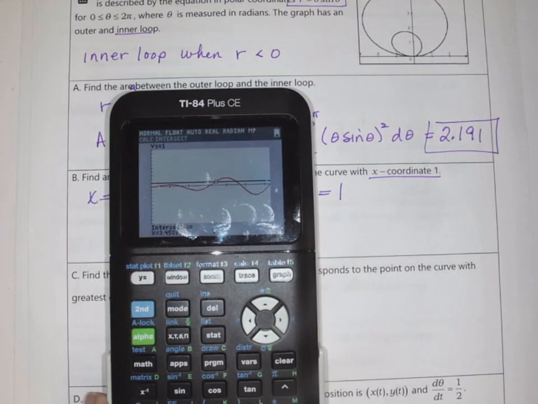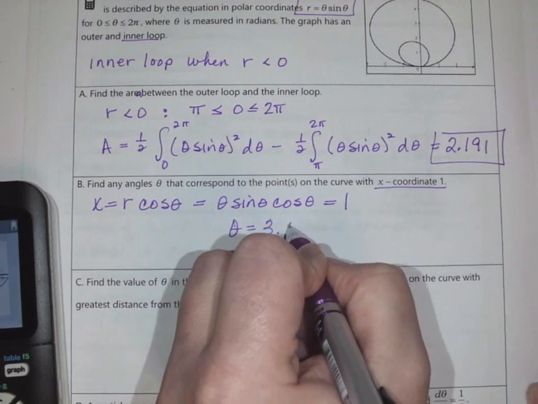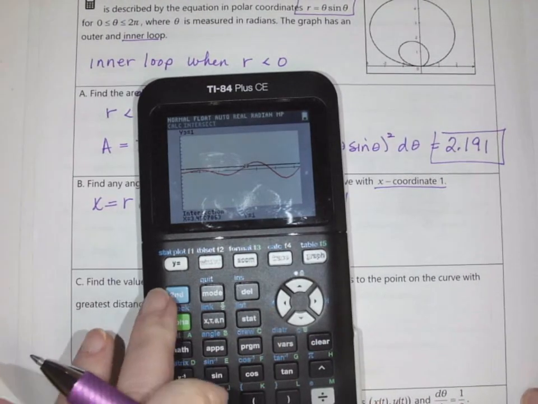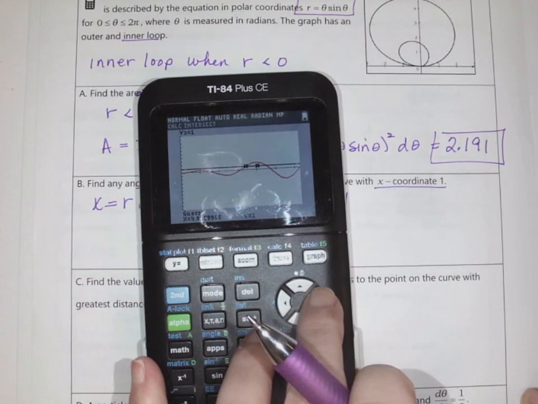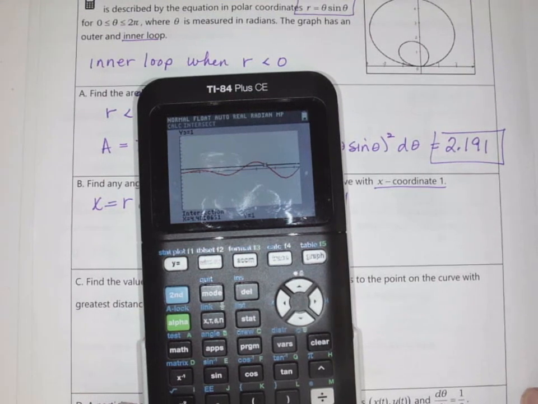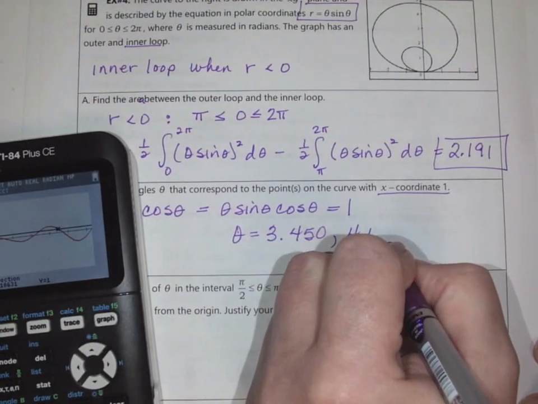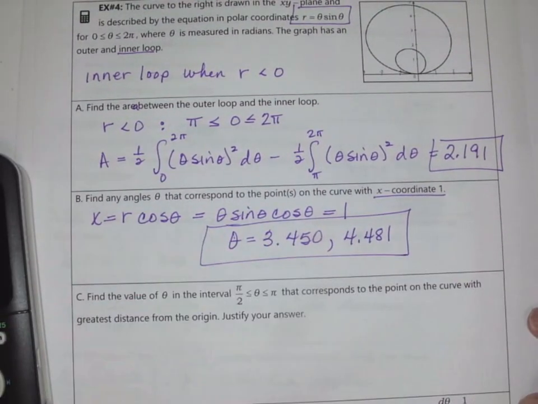So it's 3.4507, so theta equals 3.450. And then at my next one, second trace 5, enter, scoot over to this one, 4.481. Okay, so those are the angles where the x-coordinate is 1.